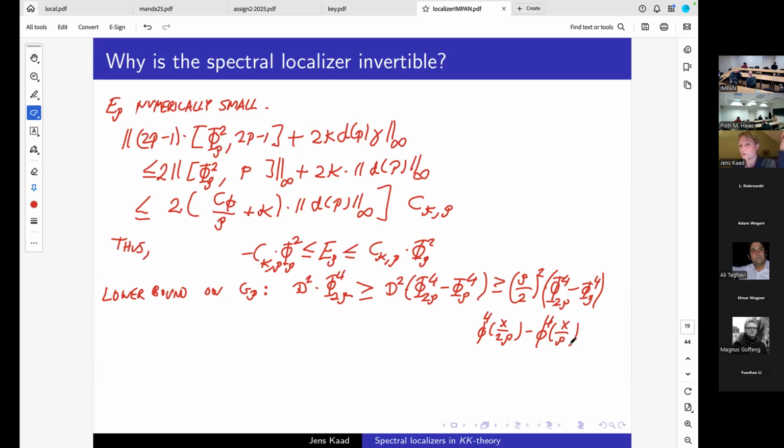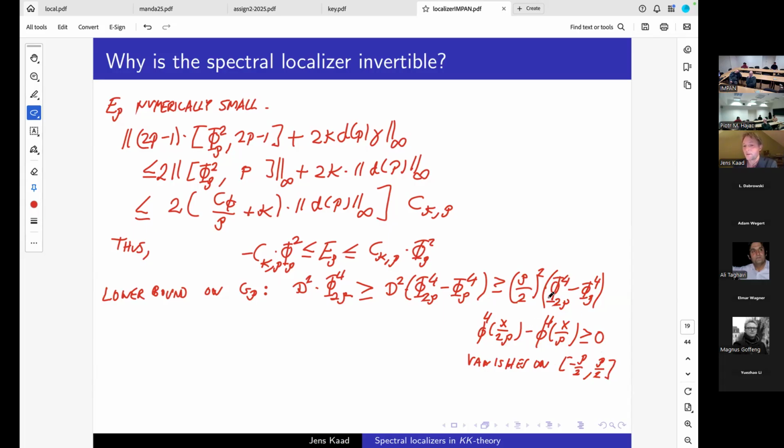is always going to be positive because of the way I chose my localizing function. And moreover, this difference is going to vanish. It vanishes on the closed interval from minus rho half to rho half, again because of properties of my localizing function.